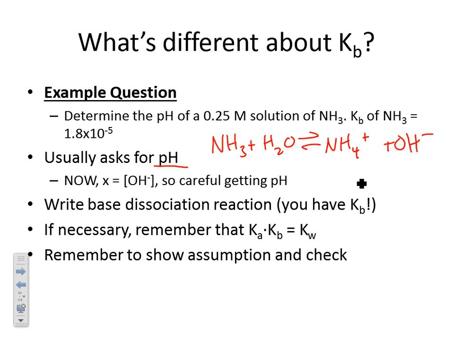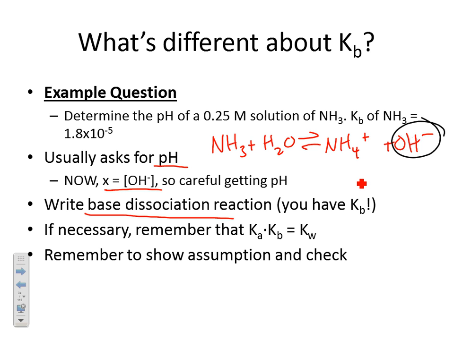Now, X is hydroxide, so it's like one additional step when you want to get pH. You get X is hydroxide, you take the negative log of it, you get pOH. Make sure you go back and do 14 minus your pOH to get pH. Again, they give you Kb, so you write the base dissociation reaction.